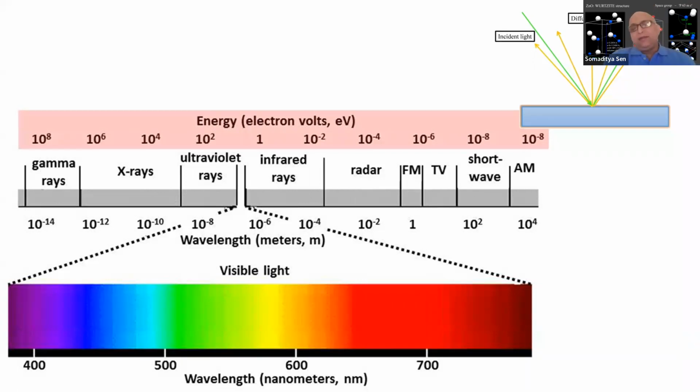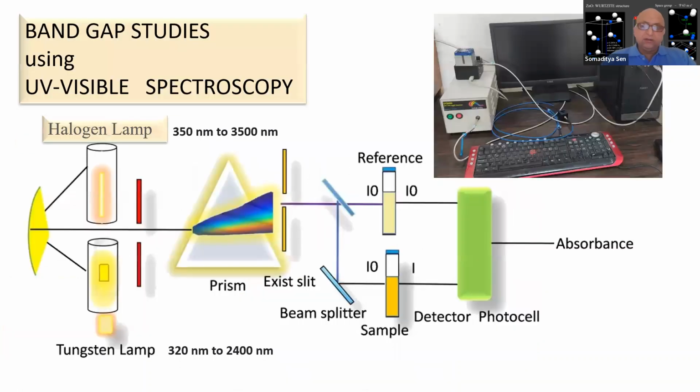Band gap is the difference of energy between the conduction band and the valence band. And if you probe the material with an energy which can start from zero and go up to the band gap, then at the band gap you will have some absorption. I'll come to it later.